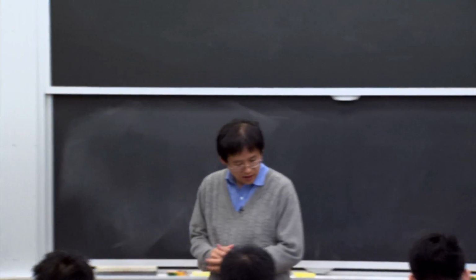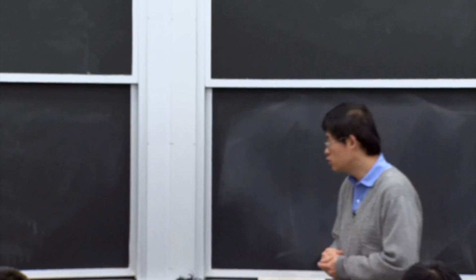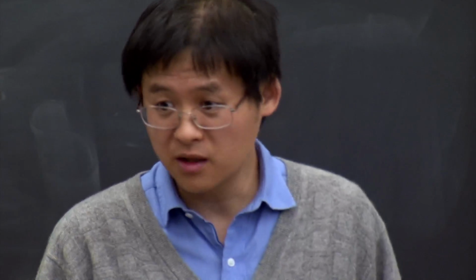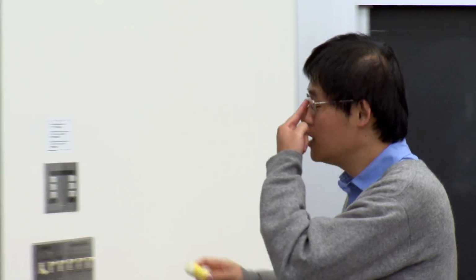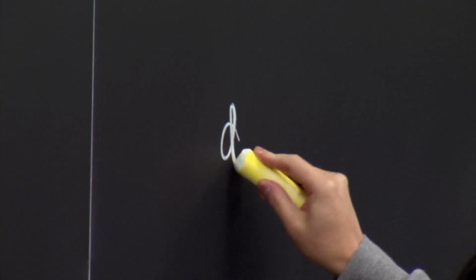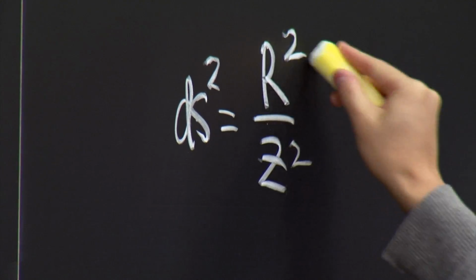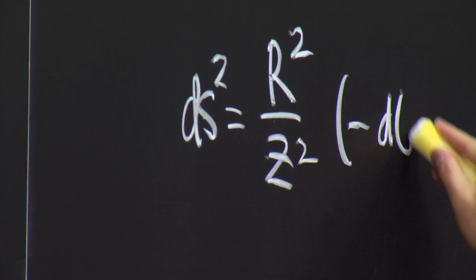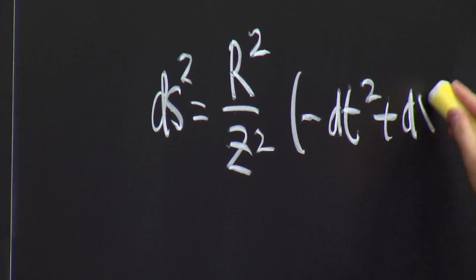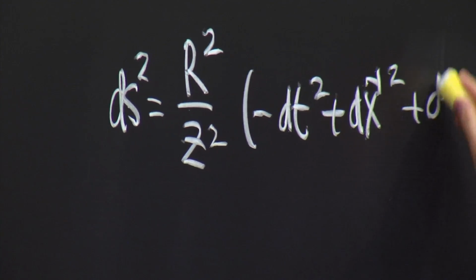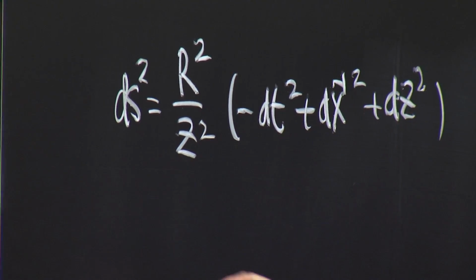Okay, so last time we talked about this IR-UV connection between the bulk and the boundary. The key thing is, let me write down the metric here, the AdS metric in Poincare coordinates.